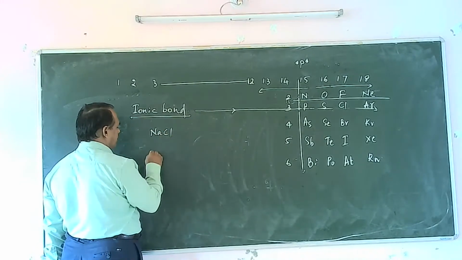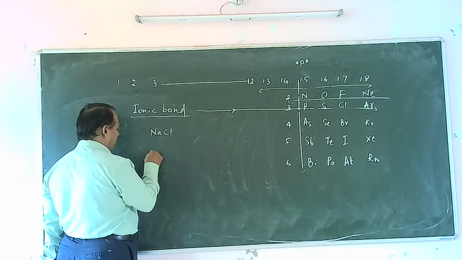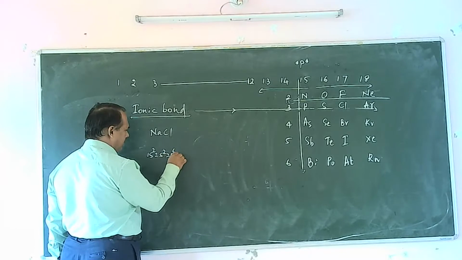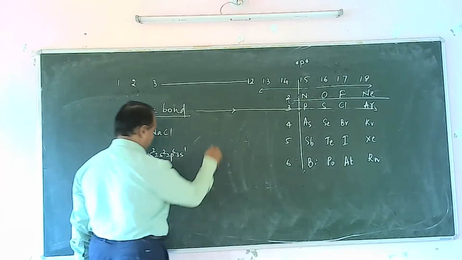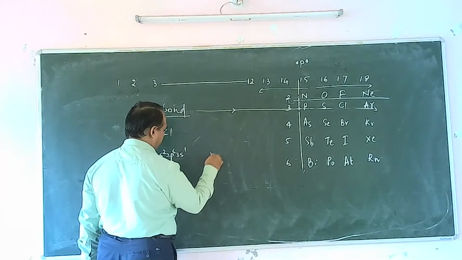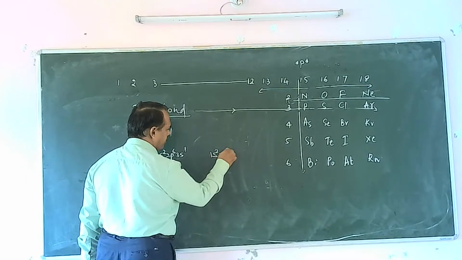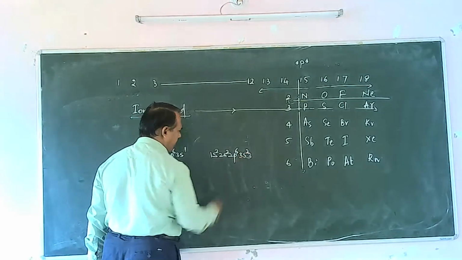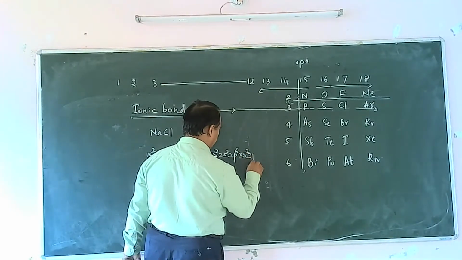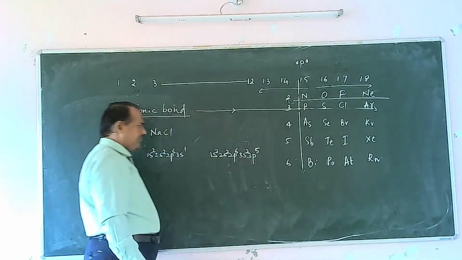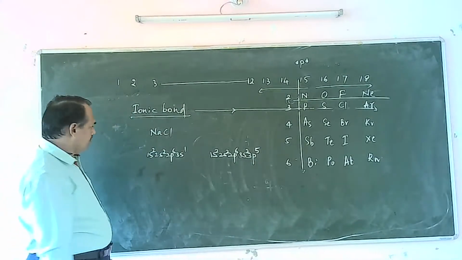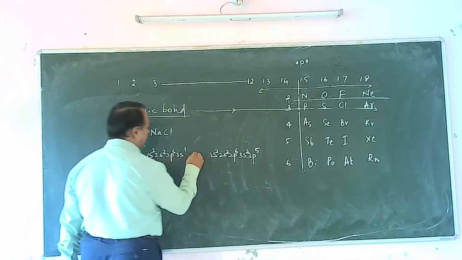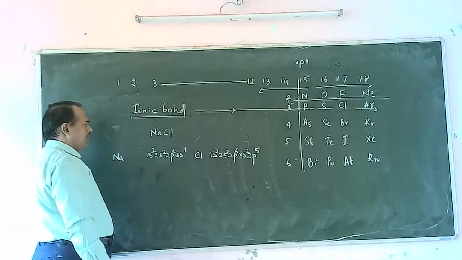Take for example NaCl. See, sodium: its electronic configuration is 1s2, 2s2, 2p6, 3s1. Chlorine: its electronic configuration is 1s2, 2s2, 2p6, 3s2, 3p5. Okay, so this is sodium, and this is chlorine.